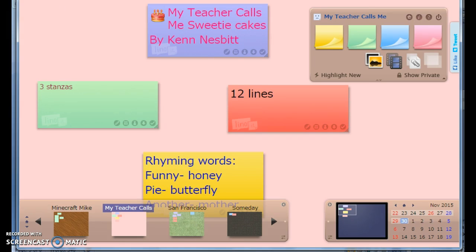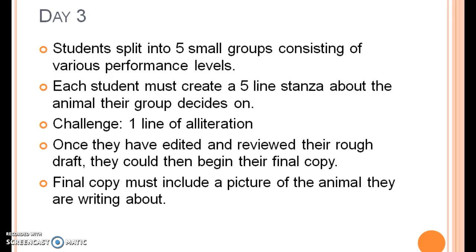On the third day, I split the students into 5 small groups consisting of various performance levels. So you had students that were performing on the lower level, on the on-grade level, and then above grade level, all working together in the group. Each student was required to create a 5-line stanza about the animal that their group decides on.